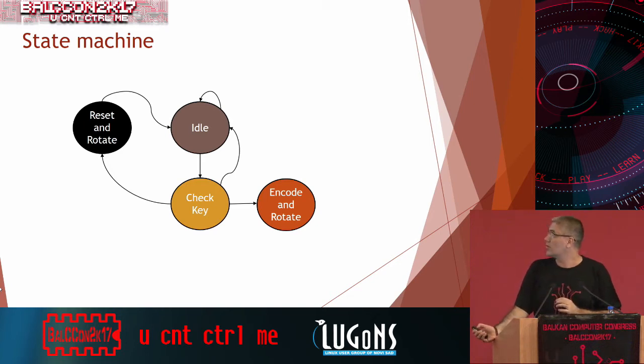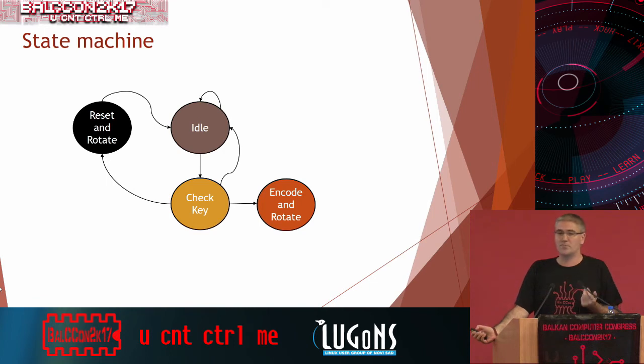So you are going to idle, and then you're waiting basically for UART connection to come in. So when you are notified that there is something, you check what key was pressed, and depending on what key was pressed, we are going to encode and rotate for the next, just to prepare. Or if we press escape, for example, we are going to reset everything just to come to beginning.